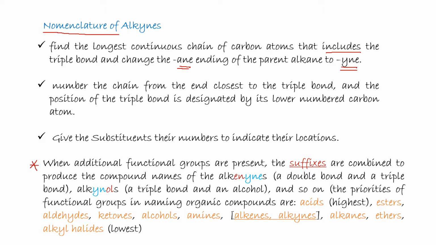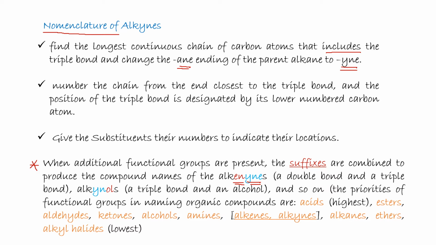When additional functional groups are present, the suffixes are combined to produce the compound name. For example, if you have a double bond and a triple bond, the suffix will be ene-yne. You write the en and write the location, and yne and write the location before it.